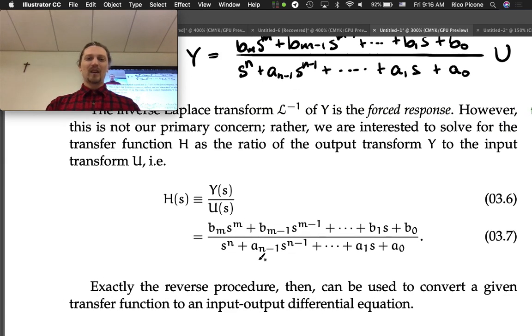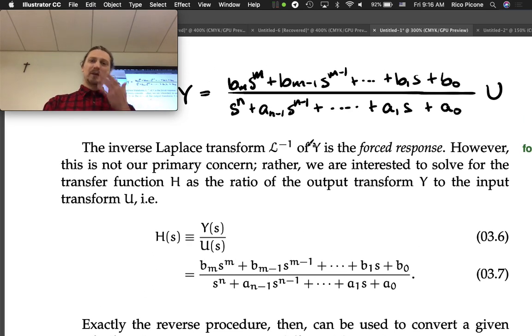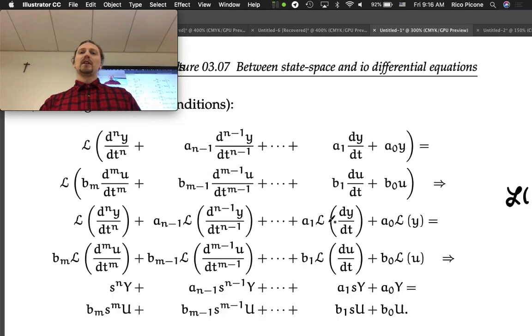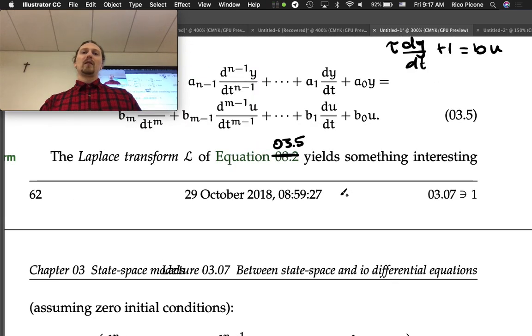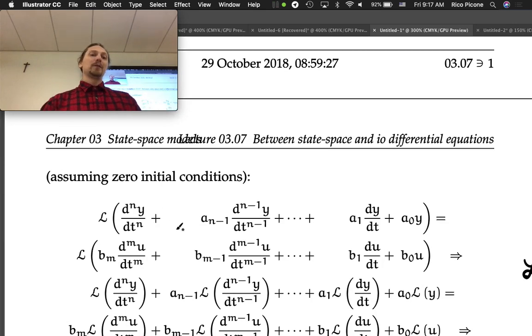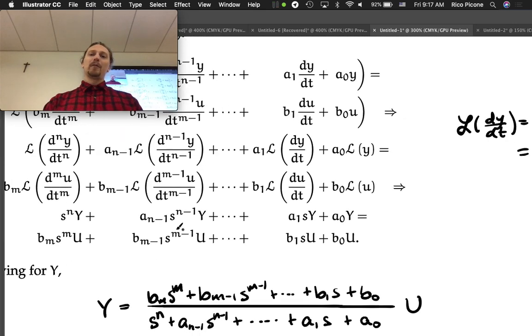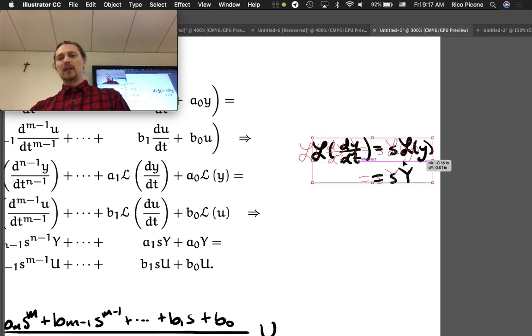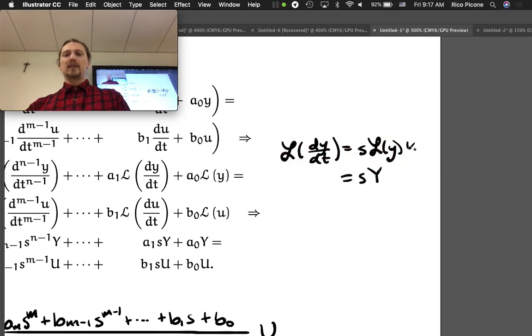We like that. So if we take the inverse Laplace transform of this expression for y, we would get y of t, and that would be the forced response, because we assumed the initial conditions were 0, right? Back up here. Remember when we take this Laplace transform, if you were not considering the initial conditions to be 0, then we would have this term, I believe it is just y of 0, the initial condition for y.